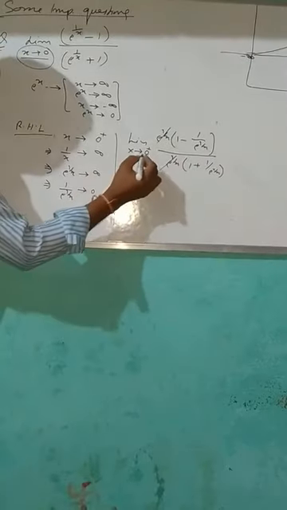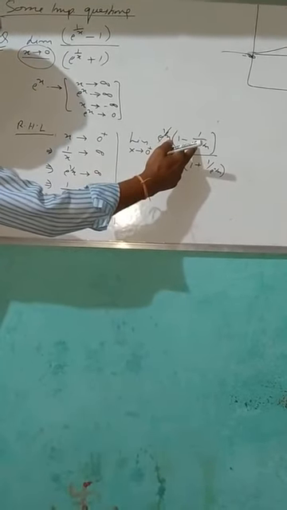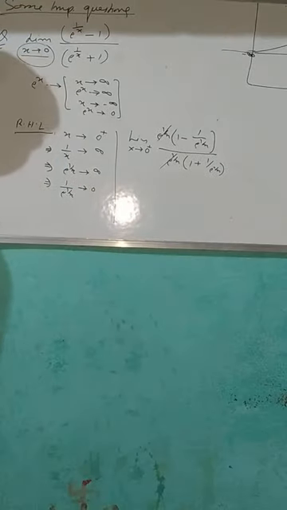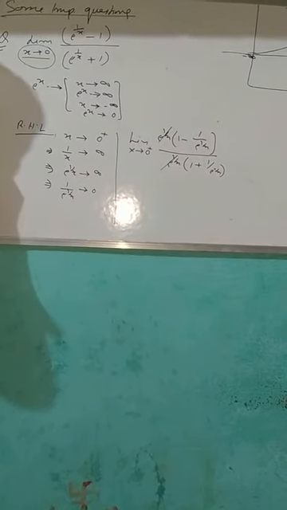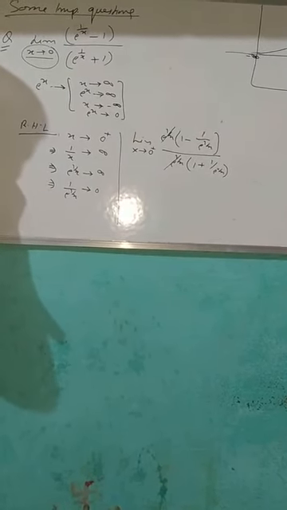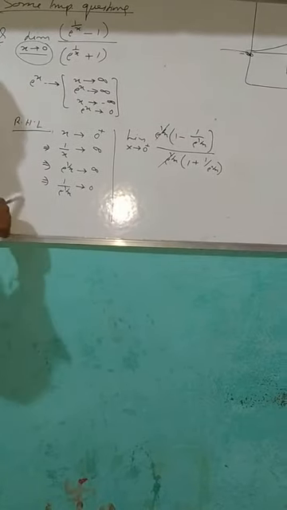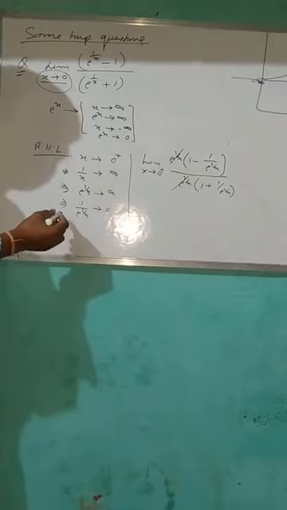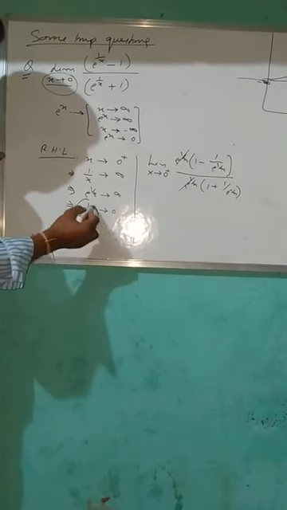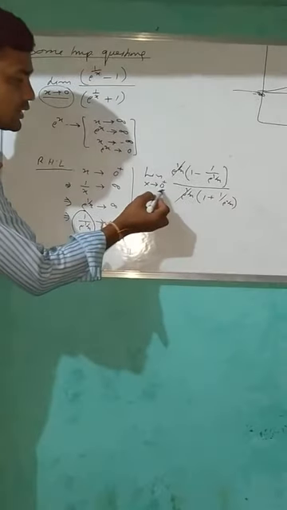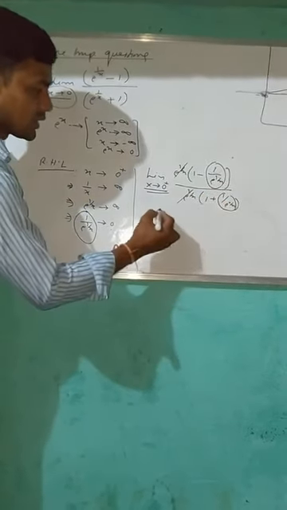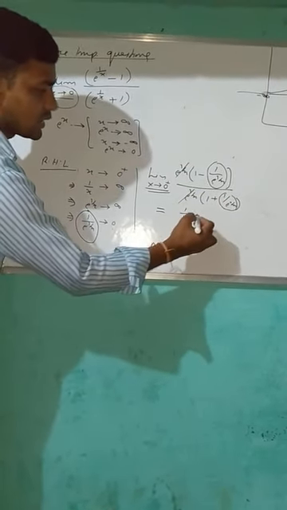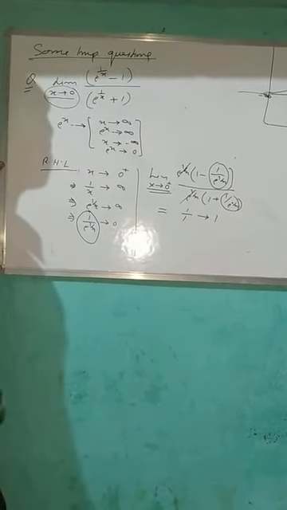After canceling this out, when x tends to 0 positive, 1 upon e to the power 1 upon x tends to 0 in both places. So it is equal to 1 upon 1, and this limit tends to 1. The right hand limit tends to 1.